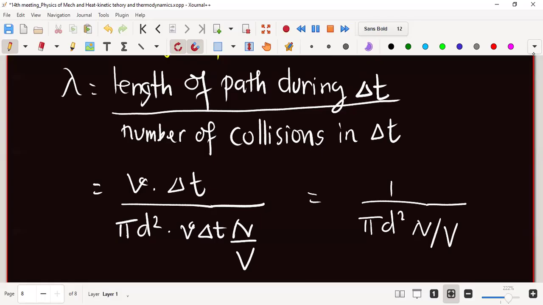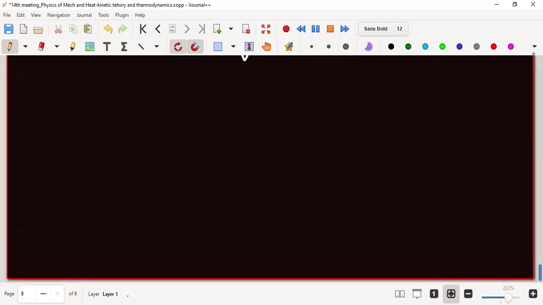Next, we continue to an example problem on mean free path. We have the mean free path lambda for oxygen molecules.